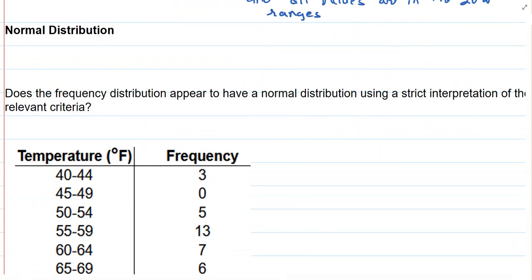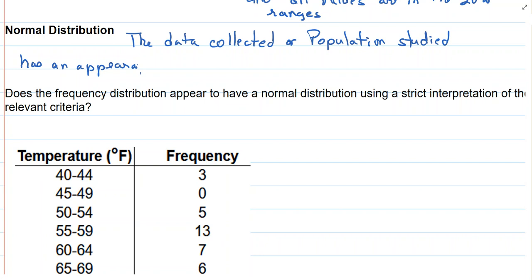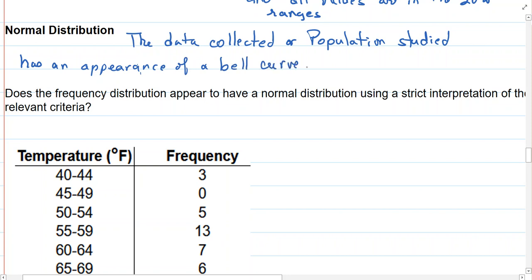All right. So here is a normal distribution. The data collected of the population studied has an appearance of a bell curve.